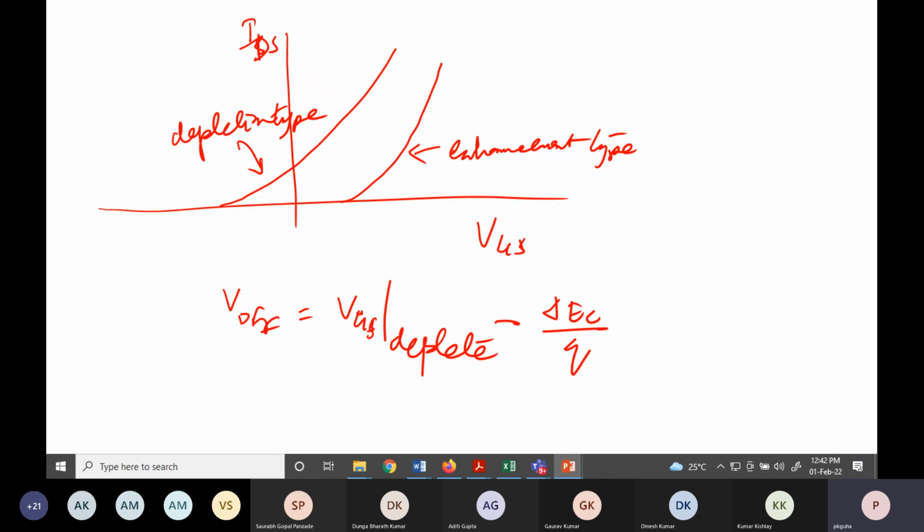What else? Did I miss anything? I think I have covered more or less what I need to cover. One more thing I would like to mention: we said in yesterday's class, in case of aluminum gallium arsenide based HEMT structure, this X is around 0.3.